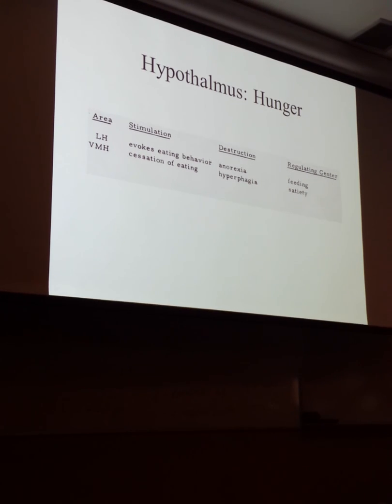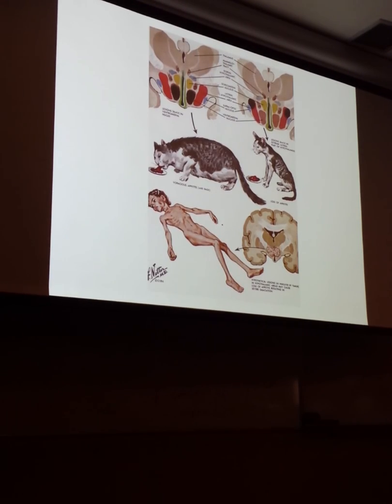If you destroy the part of your hypothalamus that makes you want to eat, the lateral hypothalamus, you become anorexic. Destroy the ventral medial hypothalamus, and you gain weight and can't quit eating. We do this in animals, so we don't usually do it in humans.